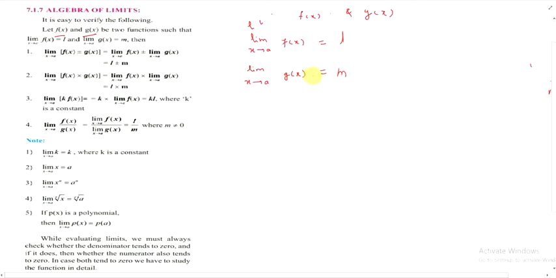Then what about their addition and subtraction?